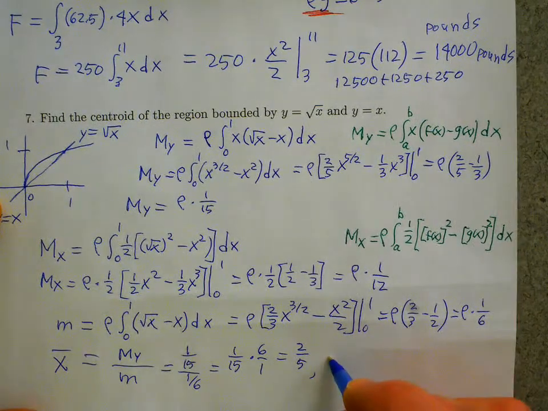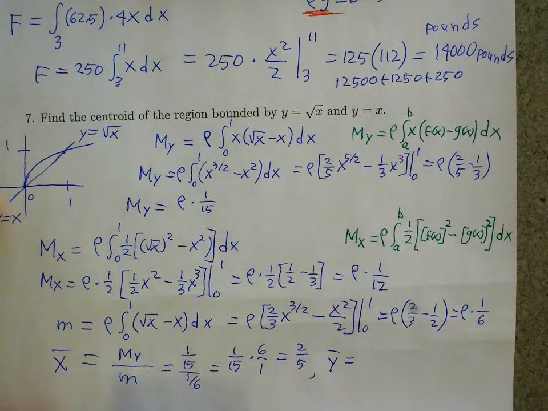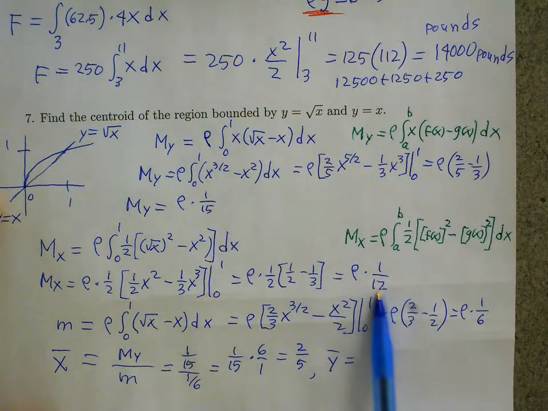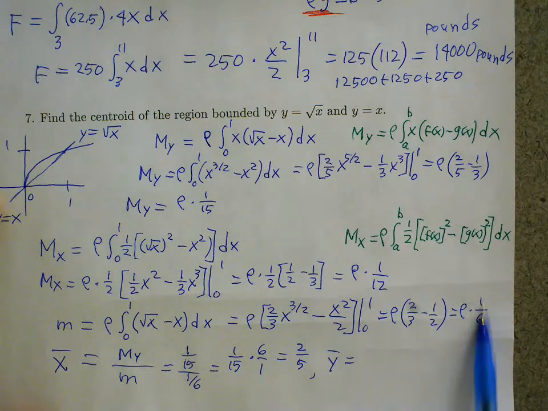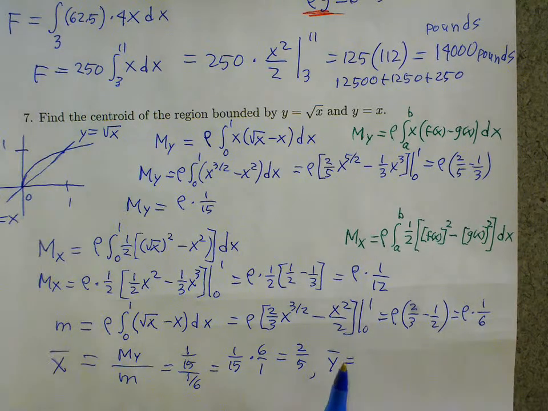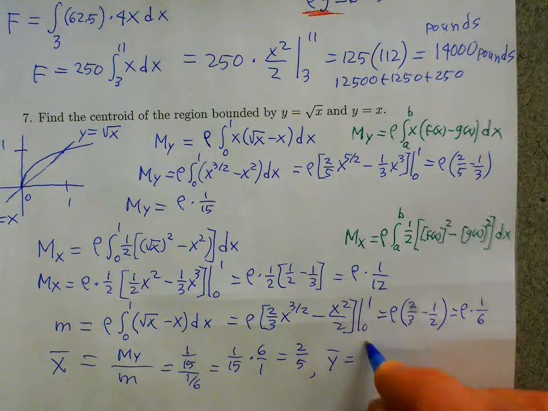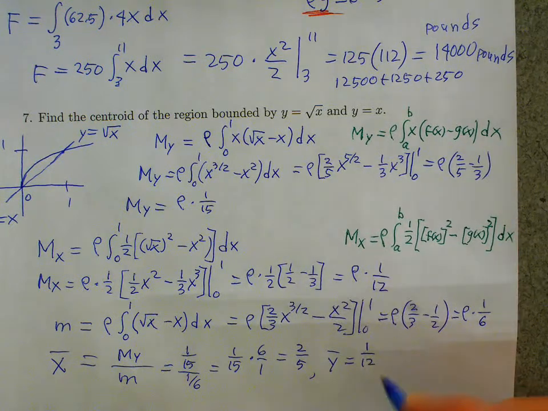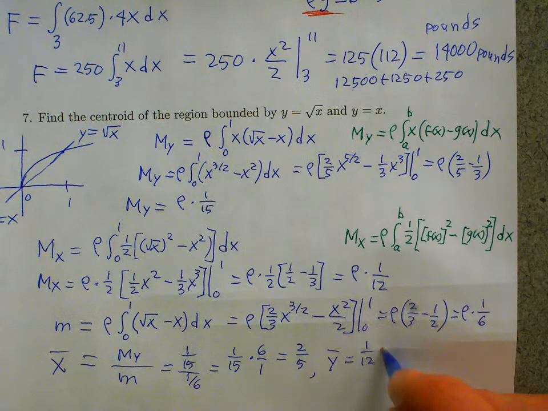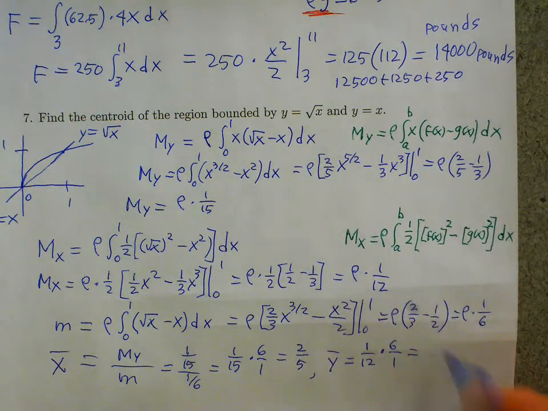And then the y coordinate of the centroid is the moment about the x-axis divided by the mass. So rho times 1/12 divided by rho times 1/6. So the rho's cancel. 1/12 divided by 1/6 is the same as 1/12 times 6 over 1. So we get 1/2.